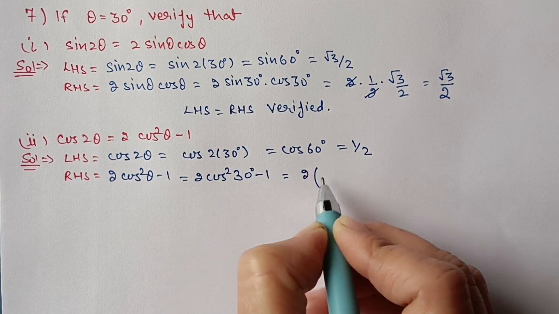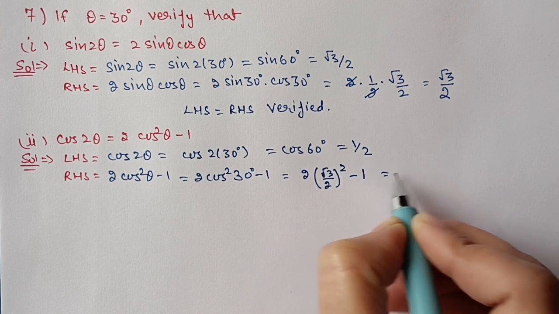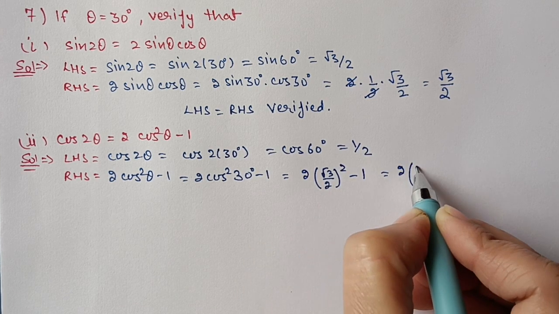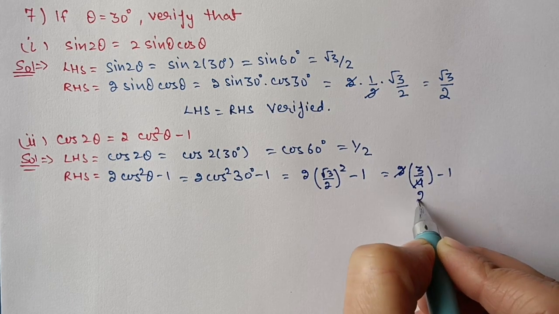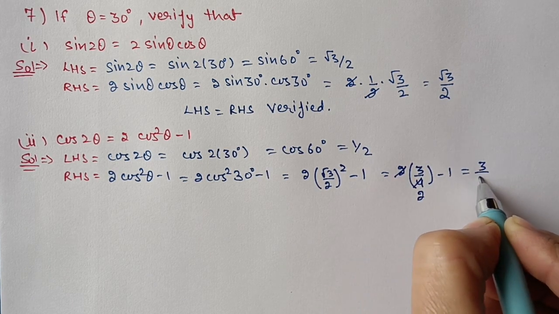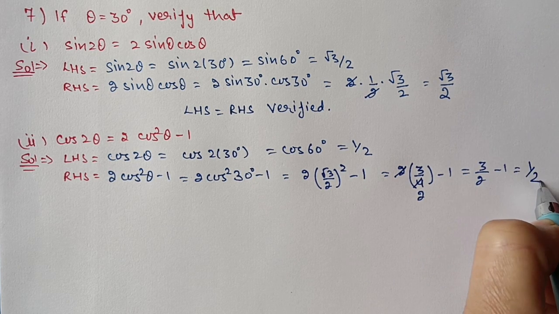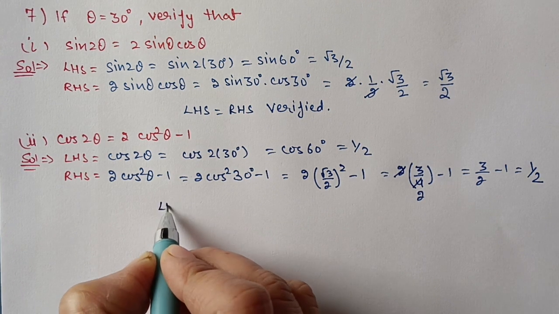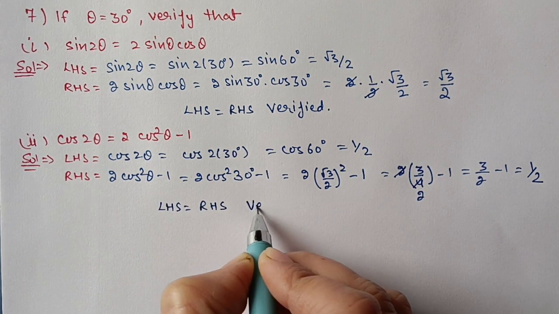Cos 30 value is root 3 by 2, minus 1. So after squaring it will become 3 by 4 minus 1. Cancel with 2, 3 by 2 minus 1. After subtraction you will get 1 by 2. So left side and right side are coming the same. Hence it is verified.